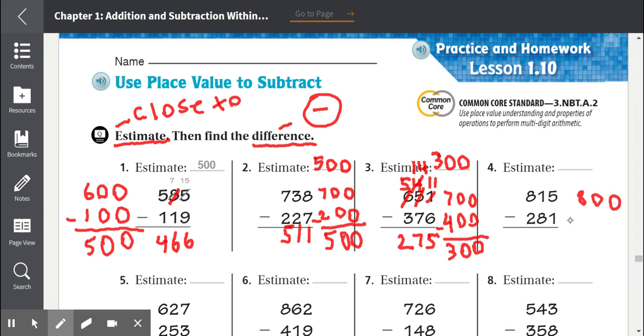So 281 is between 200 and 300, but it is closer to 300. So we subtract. We start with a ones place. 0 minus 0 is 0. 0 minus 0 is 0. And 8 minus 3 is 5. So our estimate is 500.